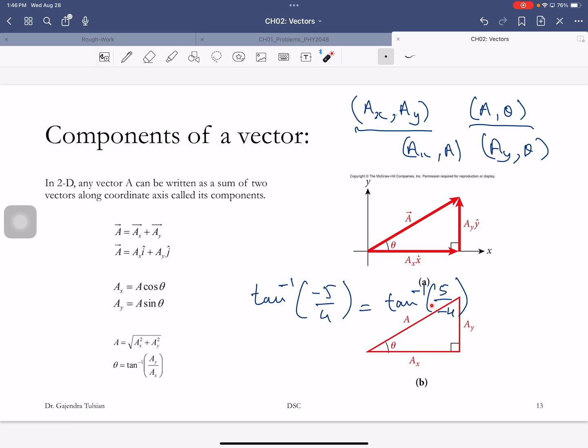This is a vector in the second quadrant. You get the same. We'll get to this when we do problems, but you just have to be aware of that and decide what angle it is that's the correct answer. So this tan inverse of a number has two solutions. It's theta or theta plus 180 degrees. And then you decide based on your components. Again, we'll come to that.